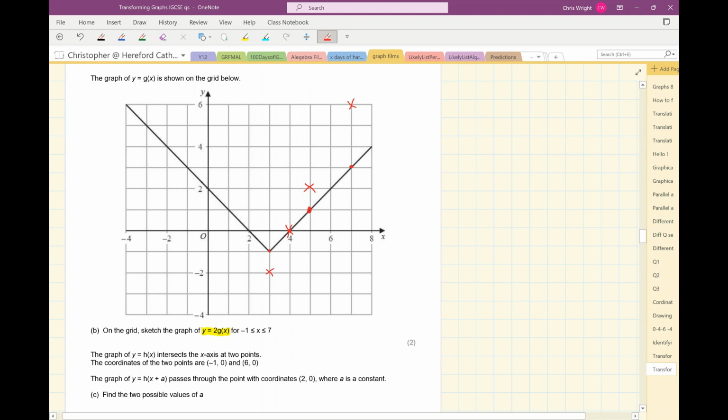The y-coordinate at this point will remain at 0. The y-coordinate at this point will become 4. Well, that'll do, won't it? Right, so now I can draw my new graph by joining up my crosses, the new points. And here it is.